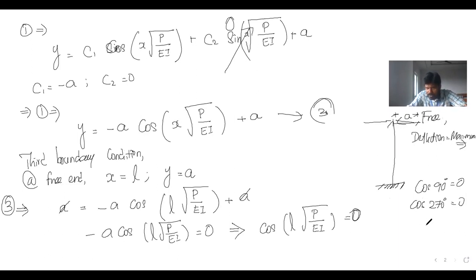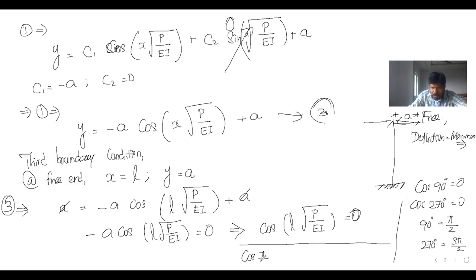Now this 90 degrees I am going to write as pi by 2, and 270 degrees as 3 pi by 2. Likewise, cos pi by 2 is equal to 0, cos 3 pi by 2 is equal to 0, cos 5 pi by 2 is equal to 0.